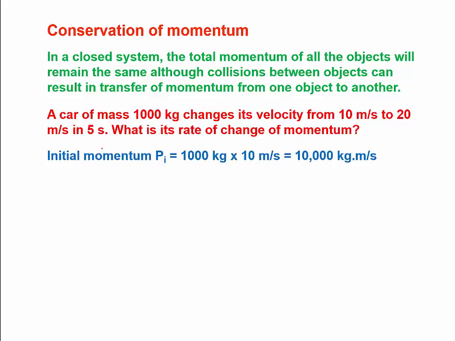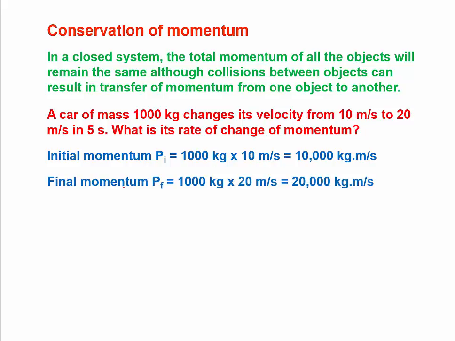All right, let's calculate the initial momentum. The initial momentum of the car is its mass multiplied by its initial velocity. Initial velocity is 10 meters per second. And p sub i stands for initial momentum. It is mass times initial velocity, that is 10,000 kilogram meter per second. What is the final momentum?